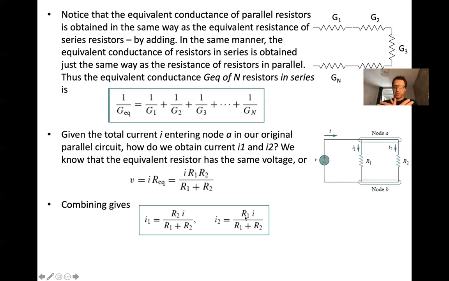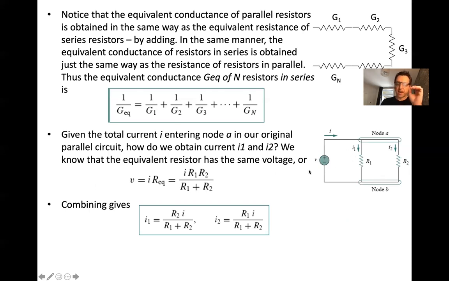So it's the opposite of what we saw with resistors in series. Namely, the current that flows down this branch is given by R2 over the sum of the resistances times I. And the current in this branch is given by R1 over the sum of resistances times I.